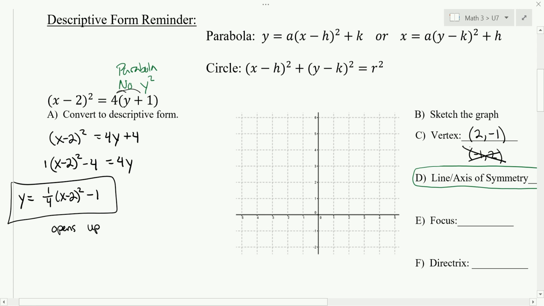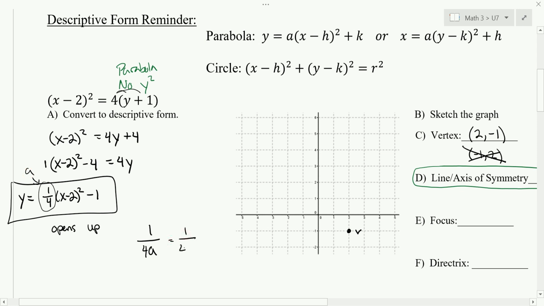So let's plot our vertex at 2, -1. We know this is opening up. Where's the focus going to be? Above it. How far? So this is where we got to figure out what 1 over 4a is, right? And so a is the number 1/4. And so I need to plug in 1/4 into this equation.